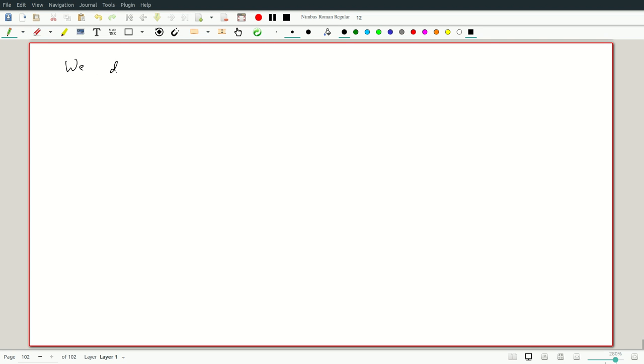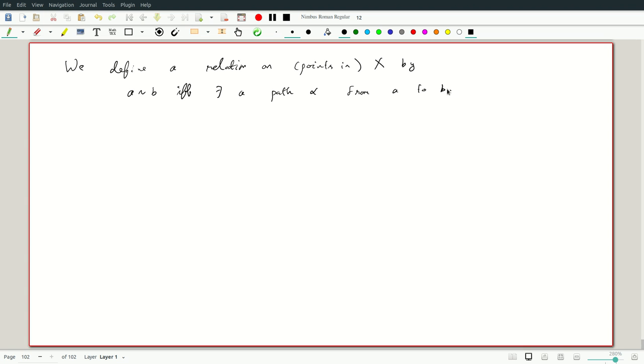We define a relation, which is going to turn out to be being in the same path component, on points in X. So it's on X itself as a set, by, let's just say, A is related to B if and only if there exists a path alpha from A to B in X.